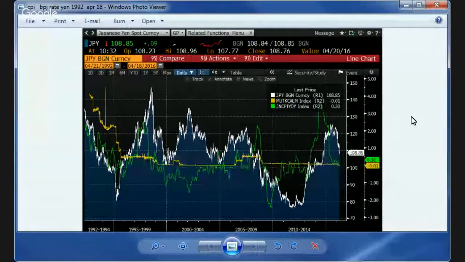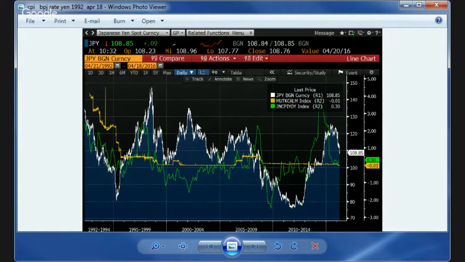Okay, this is the Japanese inflation rate. No, I'm sorry. The yellow here is the overnight call rate, the Japanese central bank rate.